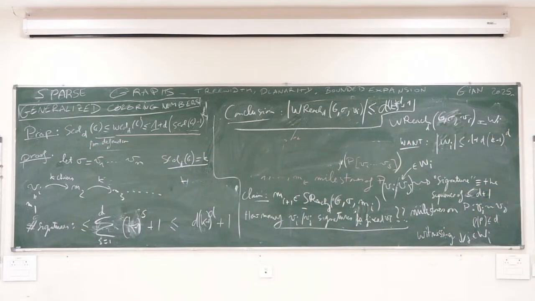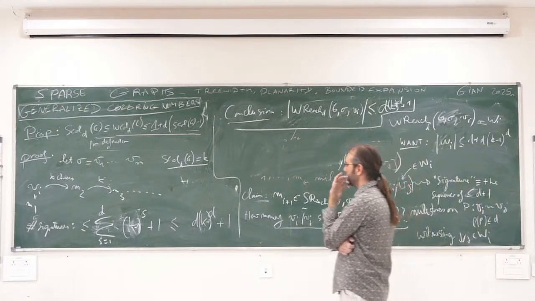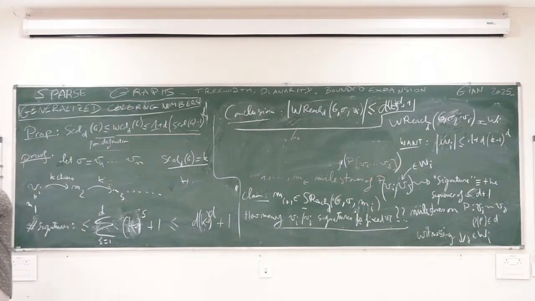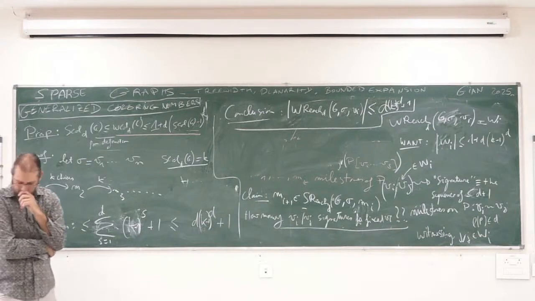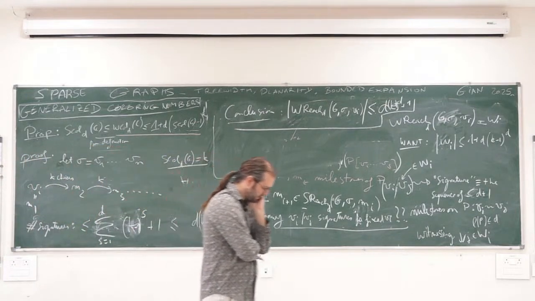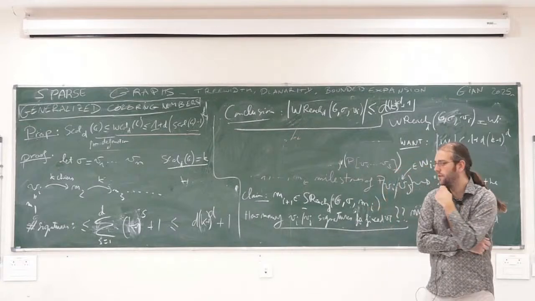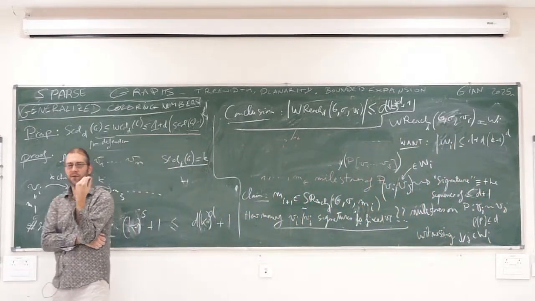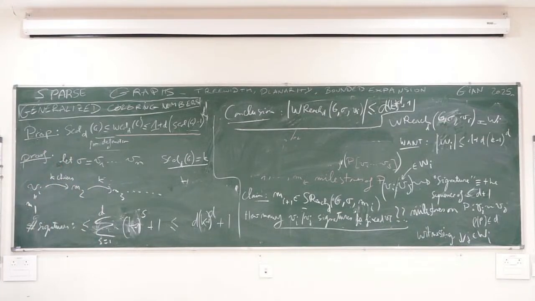What is missing is why this is equivalent to bounded expansion. This afternoon I will start with that. It's not too difficult to show, it might be easier than this proof: if your covering numbers are bounded, then you will have bounded expansion. I'll show that first thing this afternoon.